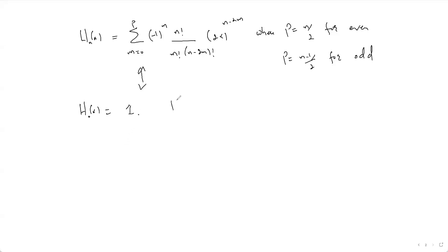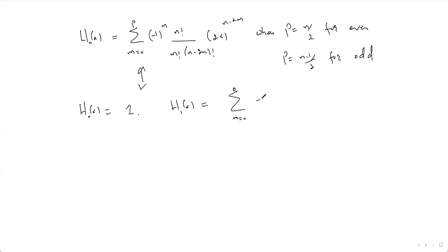Okay, now similarly, what is h1 of x? H1 of x, n is odd, so the summation will go from m equal to 0 to (n minus 1) by 2, है कि नहीं? n is 1, 1 minus 1, so the summation will go from 0 to 0.